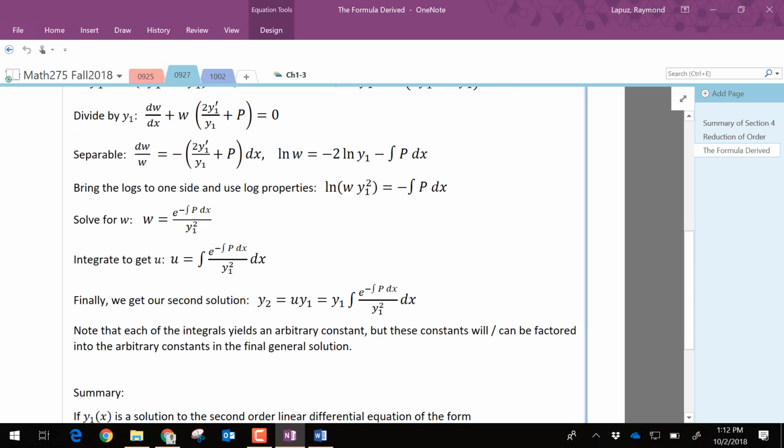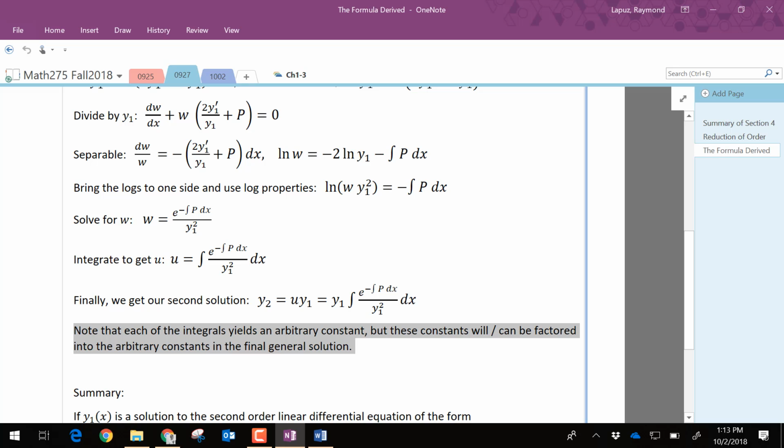But during the process, you make those arbitrary constants, or you don't even count those arbitrary constants, and then everything should still work out, because when you create your general solution, those arbitrary constants will pop up again.